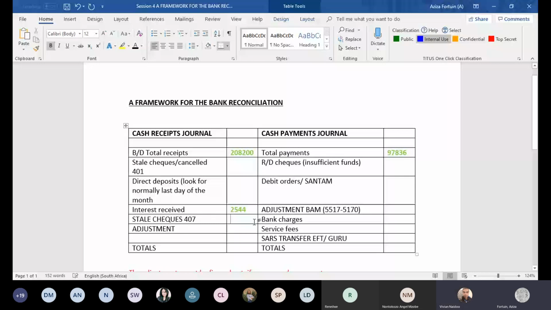We've got an unpaid check. Now cash payment. 25,200. A check.